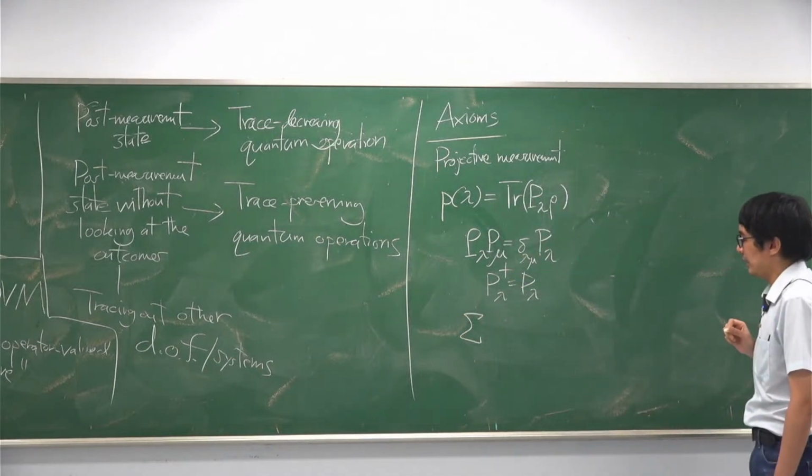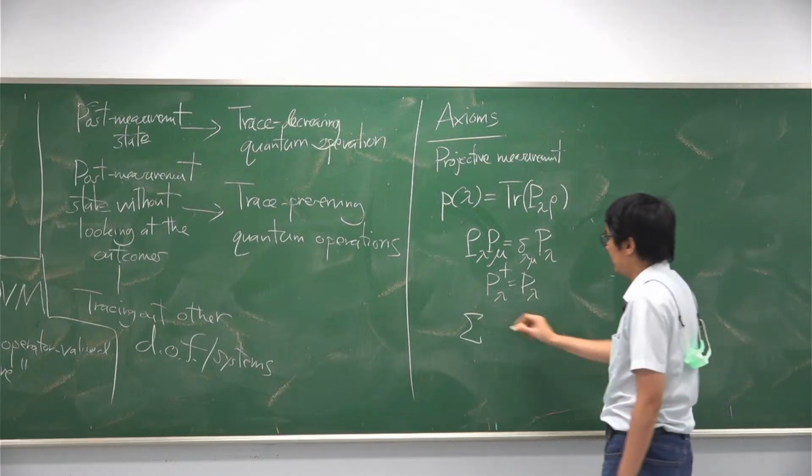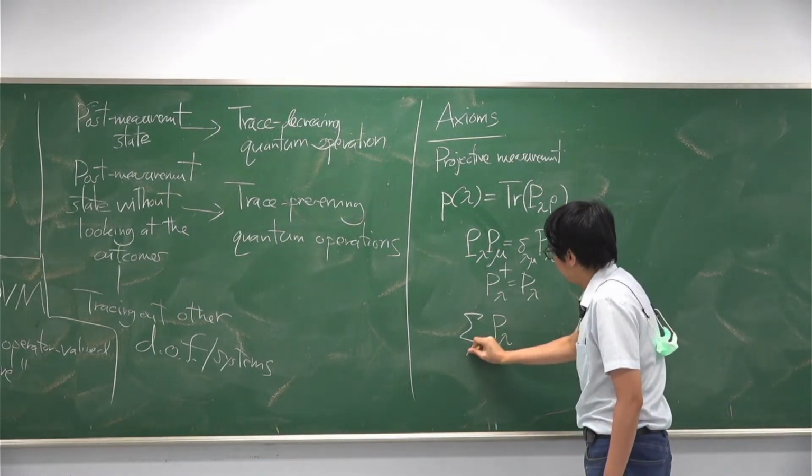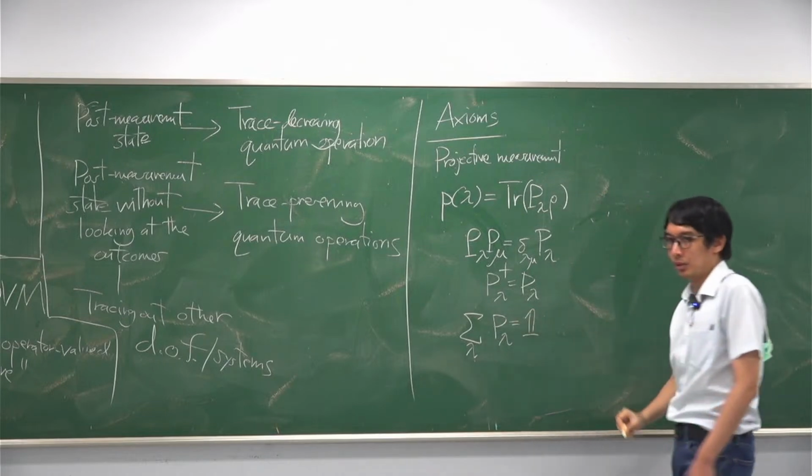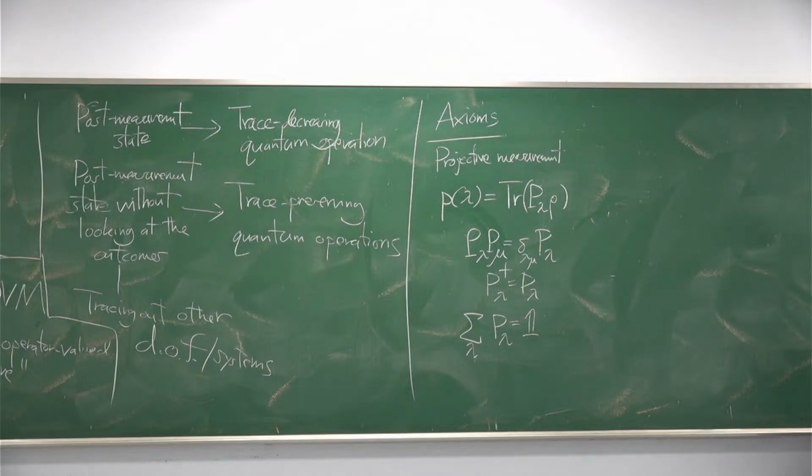And for the sum of the probabilities to be 1, summing over the projectors should give you the identity operator.